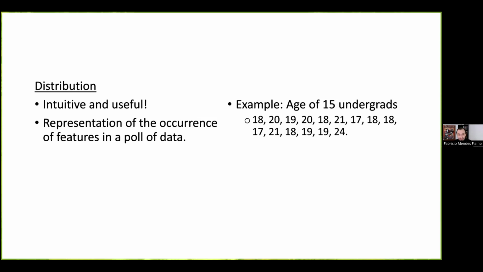Here, just to give an example of what a distribution is, let me play with you this example. Let's say that I stepped into a classroom and asked the age of 15 undergraduate students, and these numbers here are the 15 responses I received, okay?